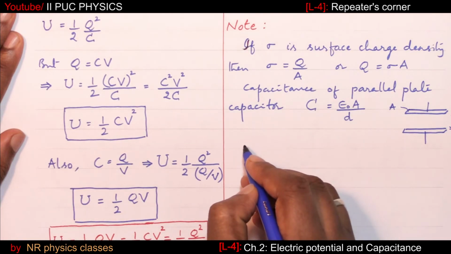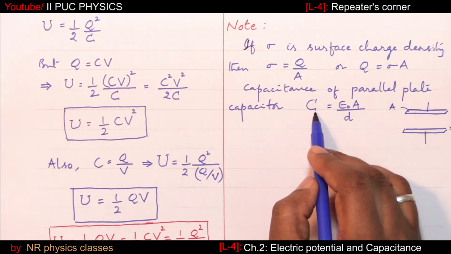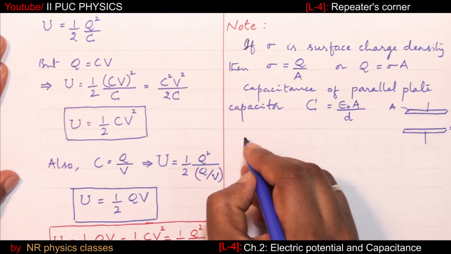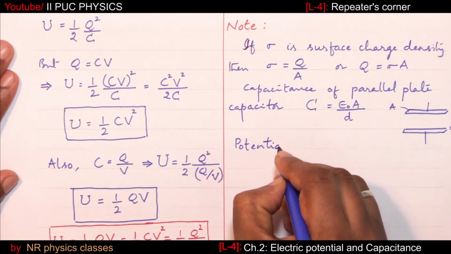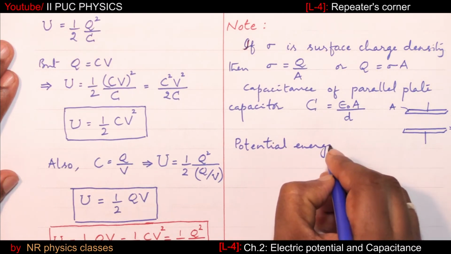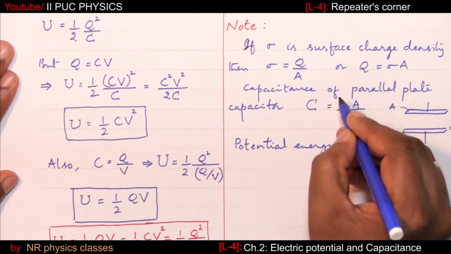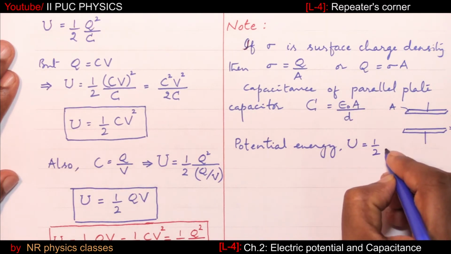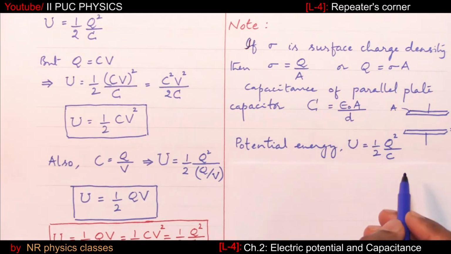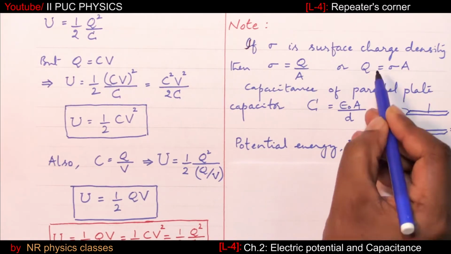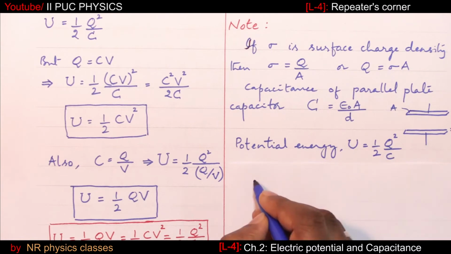Consider potential energy. We have expressions for charge and capacitance. So let me consider potential energy U in terms of Q and C. So it is half Q square by C. Let us substitute Q and C, these two expressions, in this expression.